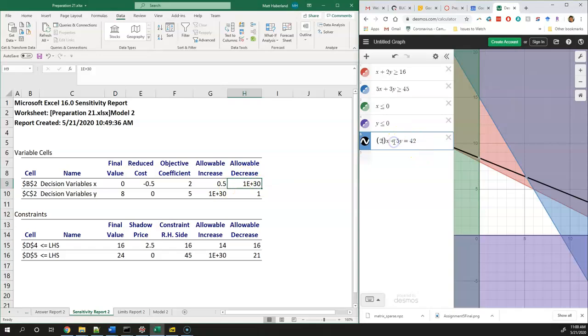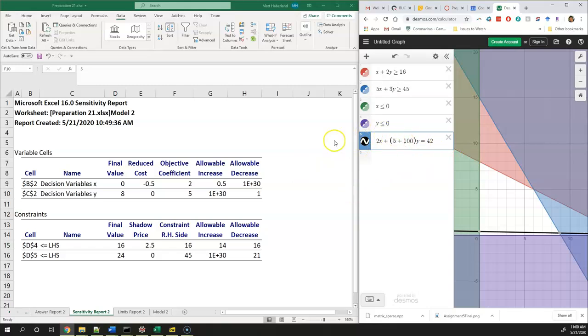All right, let's take a look at the next one. Decision variable y. Objective coefficient is 5, but how much can we increase it? It turns out we can increase that as much as we please, and we're still going to end up with this being the optimal point. Now, 0.8 is still going to be the optimal point, but we might have a different value of the objective function.